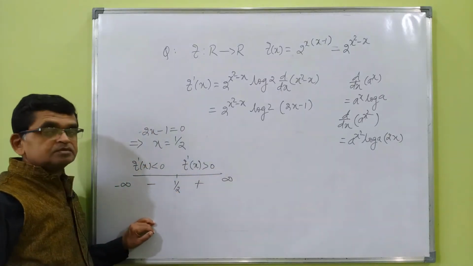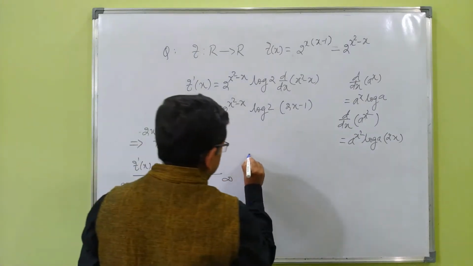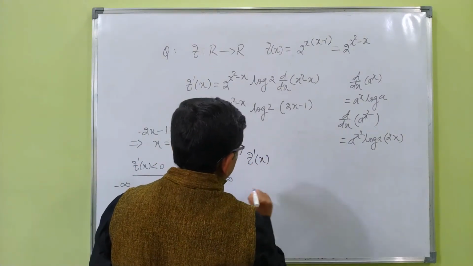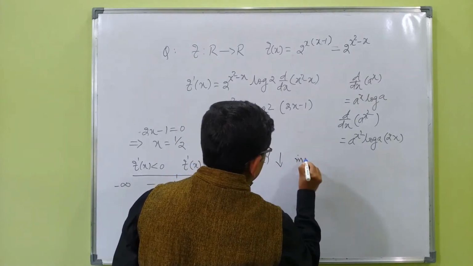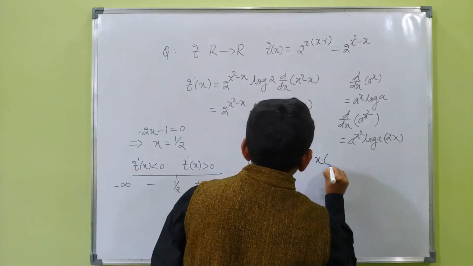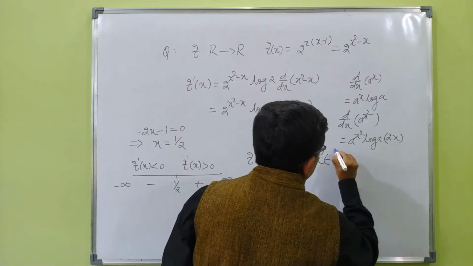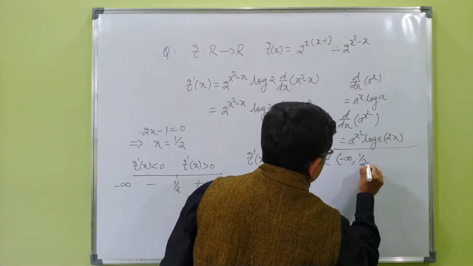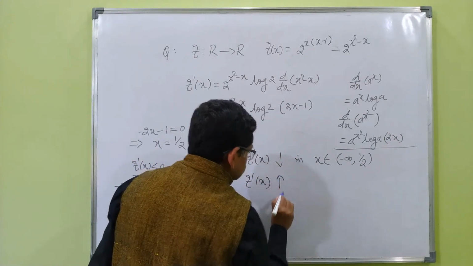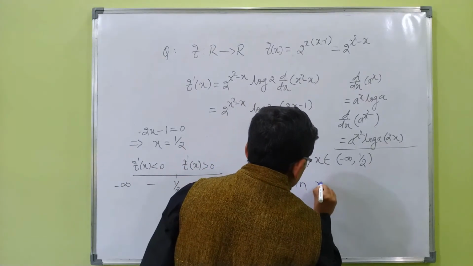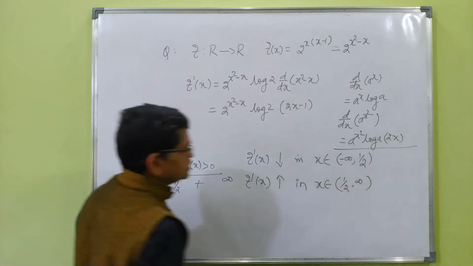This is negative, positive. That means f is decreasing in x belonging to minus infinity to half, and f is increasing in x belonging to half to infinity, isn't it?